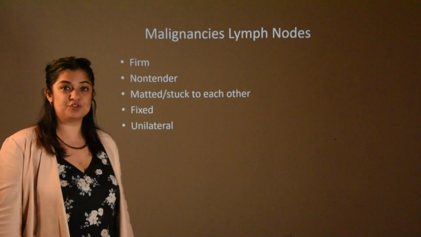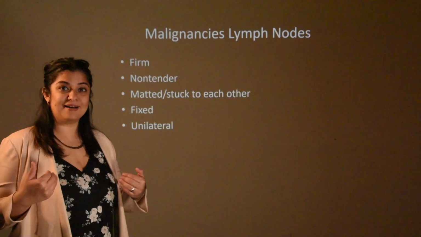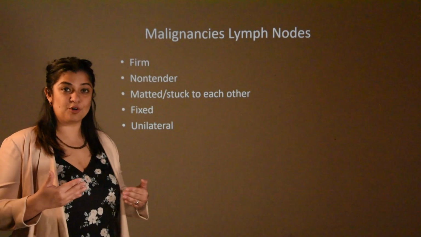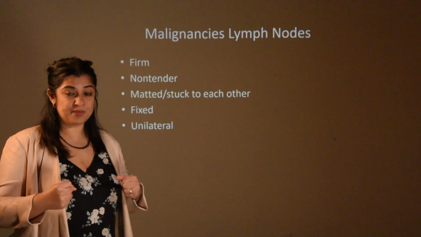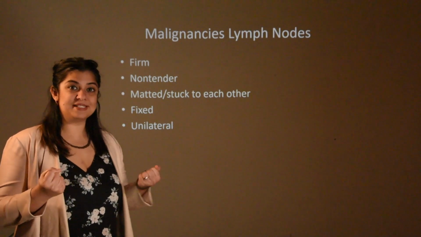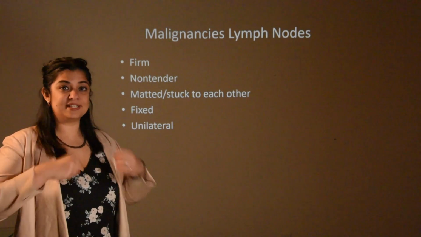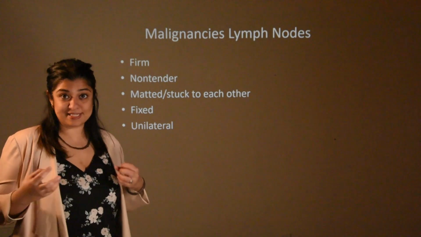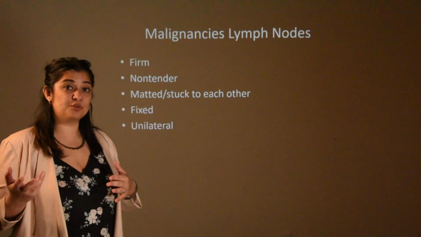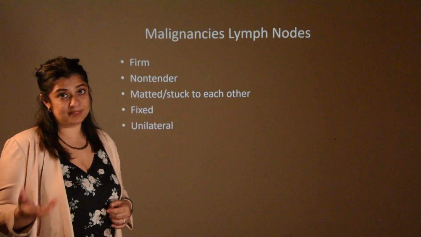Malignancies of lymph nodes. As you know, lymph nodes are the gatekeepers, almost the guards of the body. But sometimes these guards also go out of control. And when these guards start proliferating like crazy, or the cells go out of control, it's called cancer or malignancy.